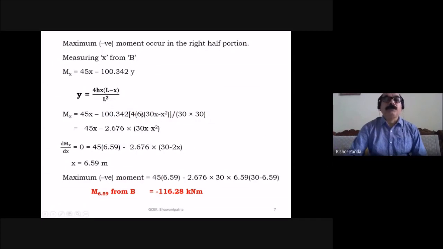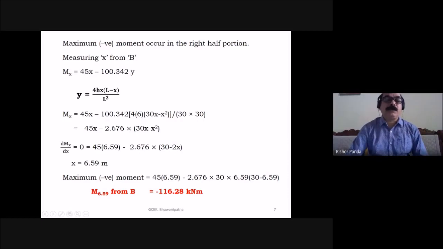Then after multiplication of x, this becomes 30x minus x square, divided by 30 into 30. Then after simplification, the equation is 45x minus 2.676 into (30x minus x square).